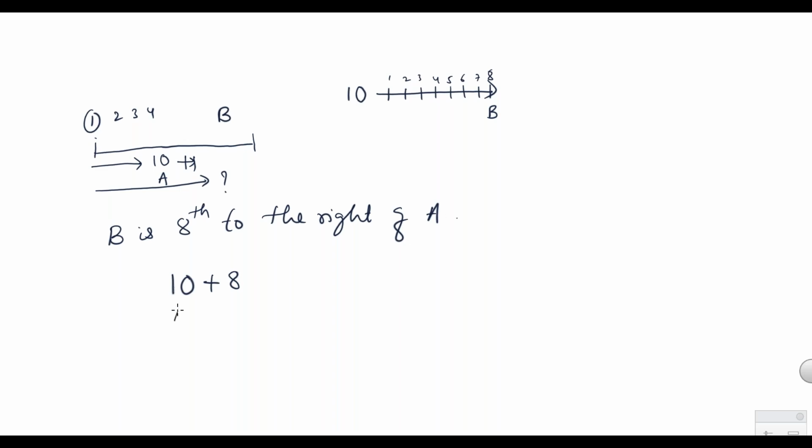So I have started with A, and when I'm taking 8, I'm taking B. Now if I'm finding the position of B from left hand, I have to include both A and B. So A is included in these 10 people, B is included in these 8 people. Then it is not required to take plus 1 or minus 1. So the answer should be only 10 plus 8, which is 18.